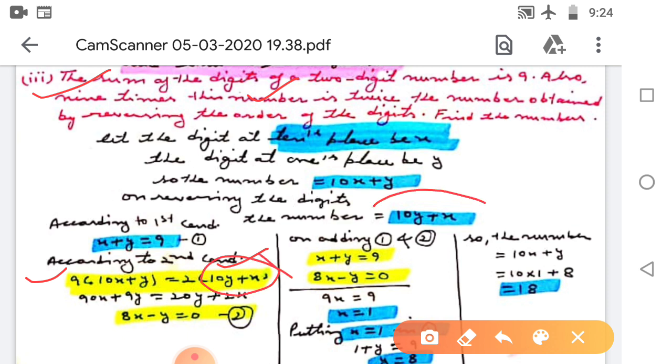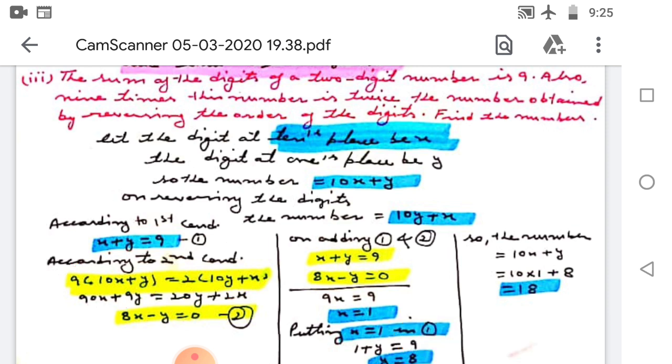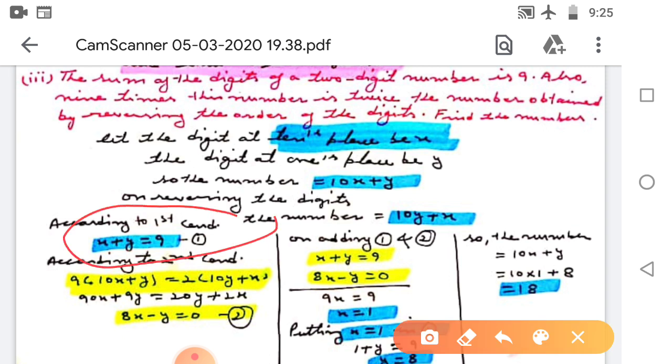So 9 times this number is equal to 2 times the reversed number. So 9 multiplied by 10x plus y is 90x plus 9y, equal to 20y plus 2x. So 8x minus y is equal to 0 is your second equation. The first equation is x plus y is equal to 9 and the second equation is 8x minus y is equal to 0.